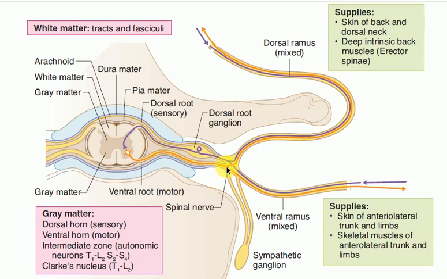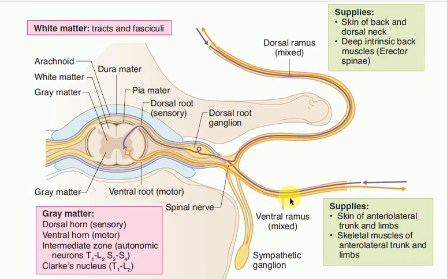Since these are the branches of the spinal nerves, this is the dorsal ramus, this is the ventral ramus, and both have mixed fibers. This is the sensory fiber, the blue one, which is coming into the dorsal root ganglion over here, and the red fibers are the motor fibers.